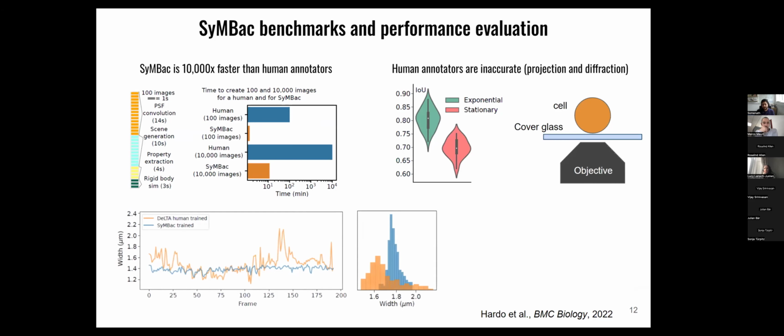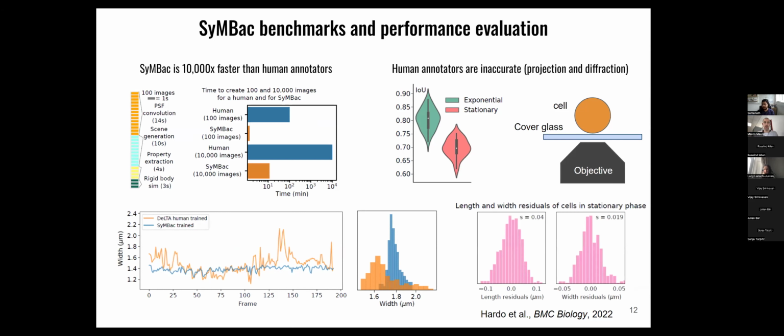So when we took this model called Delta, which was trained with human annotated data, you can see the performance of this on a stationary phase cell here in orange continuously fluctuates even though the cell is not doing any growth, whereas the result from SIMBAC, plotted in blue, is very precise and gives a very precise estimate for actual cell size. And we collected our own data and found that we can estimate the length of a bacteria with a precision of about 40 nanometers using these machine learning models.